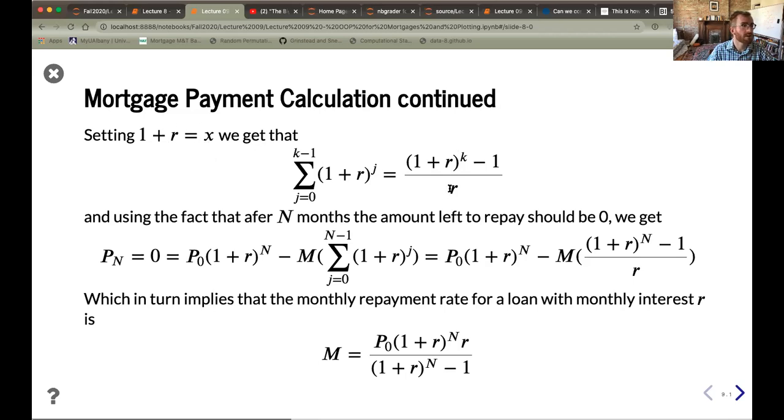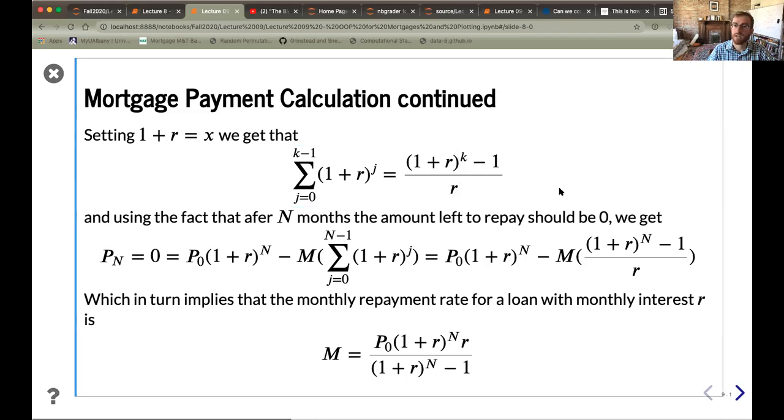And so that just leaves us with r here in the denominator. So we now have this partial sum of the amount of interest saved from each of our mortgage payments. So we can plug that all in. And now let's use the fact that we've agreed with the bank that after n months, so for a 30-year mortgage, that's 360 months, we have to have paid off our loan.